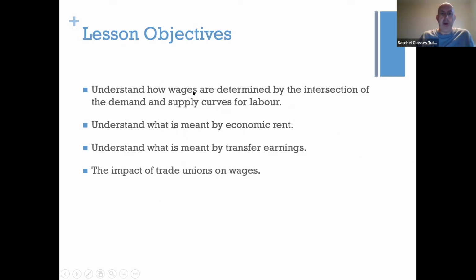So we've looked at how wages are determined by the intersection of demand and supply curve. Remember, that's only in a perfectly competitive market. We understand what is meant by the economic rent, and understand what is meant by transfer earnings. And we can see the impact of trade unions on wages, both in a perfectly competitive market.